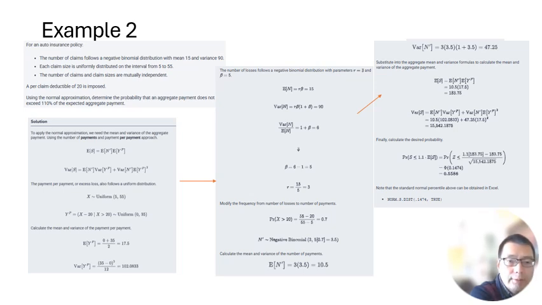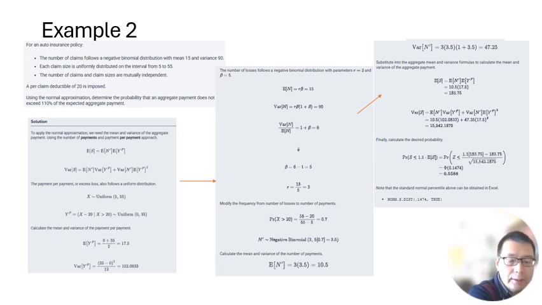Now we need to modify the frequency from number of losses to number of payments. The probability of X greater than 20 is equal to (55 minus 20) over (55 minus 5), which is 0.7. Therefore, the M prime follows a negative binomial distribution with parameters 3 and 3.5, which is 5 times 0.7.